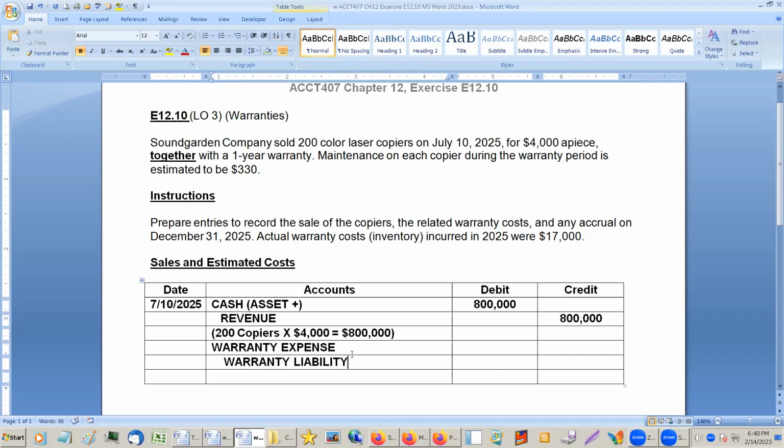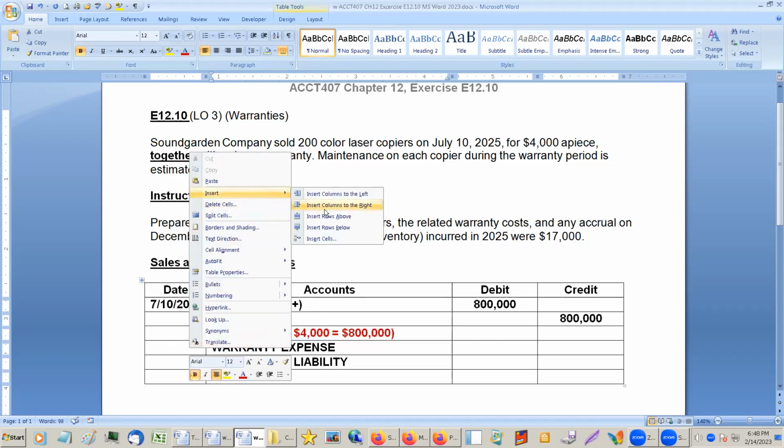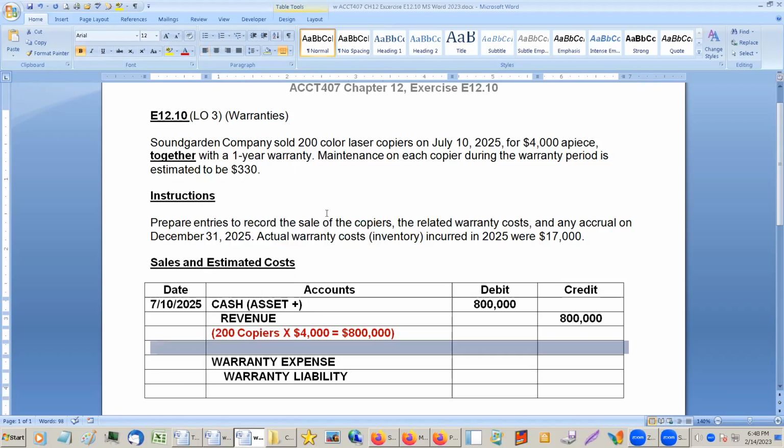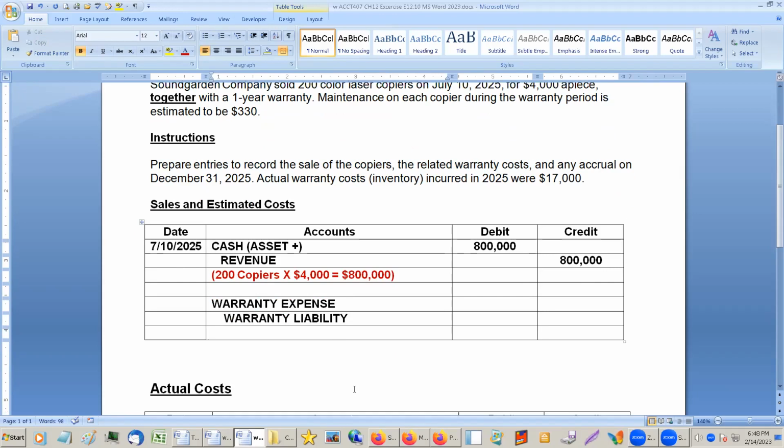Sometimes they call this a warranty obligation. So the question is, what do we have for this warranty liability?